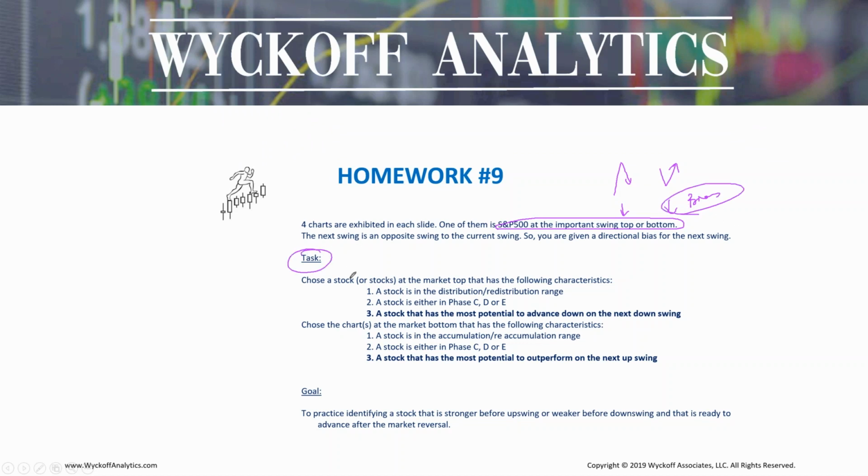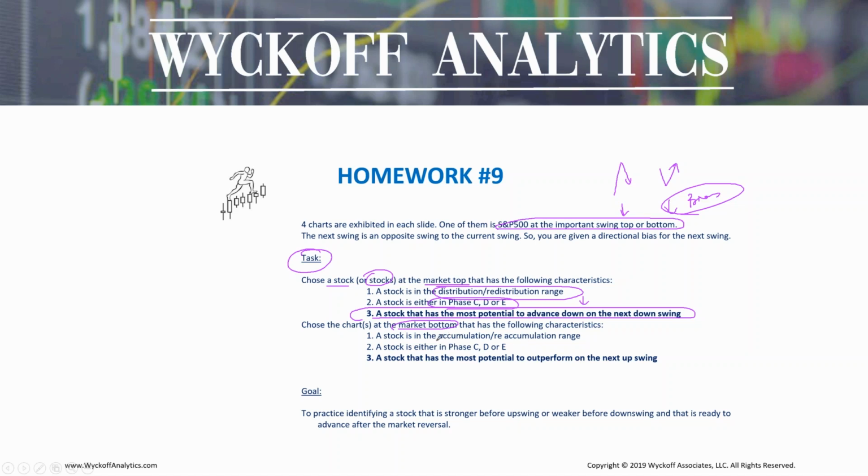Your task is to look at the stock or stocks and choose at the market top the stocks that are in the distributional or redistributional structure, that are in phases C, D, and E, and that have comparative advantage over other stocks to be a leader on the way down. At the market bottom, you're basically doing the opposite.